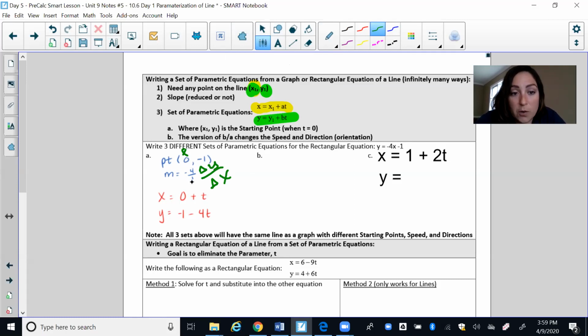So x is increasing 1 every second. So 0 plus 1t. And then what's happening to y? Y is starting at -1 and is decreasing 4 every second. So -1 minus 4t. And there's our parametric equations. We could simplify and make x just t because we don't need the 0 there.